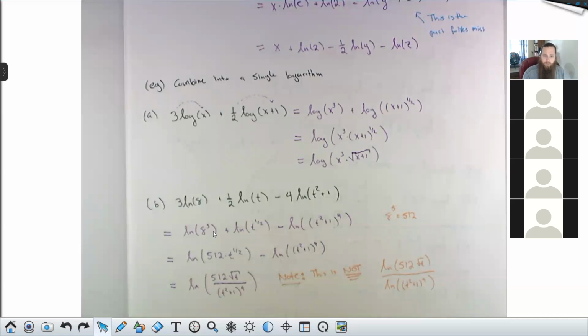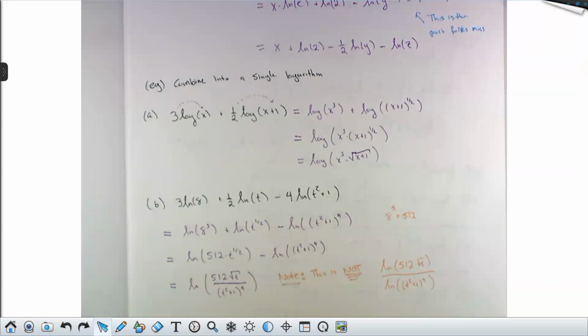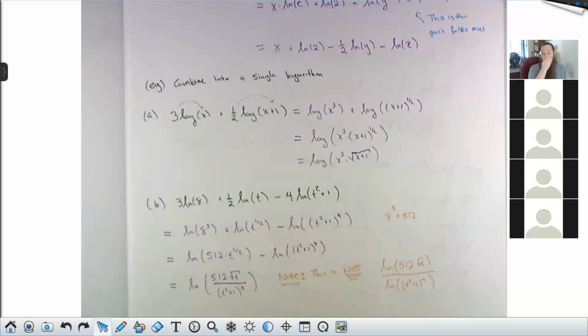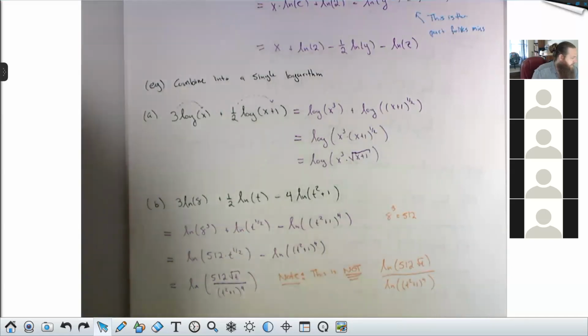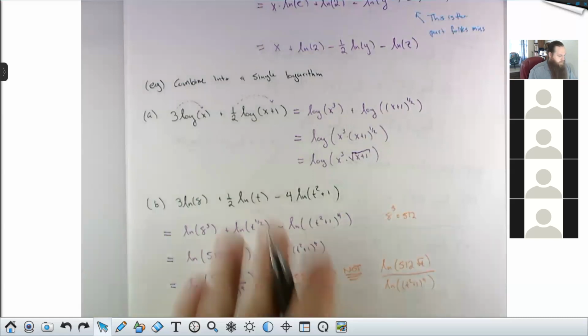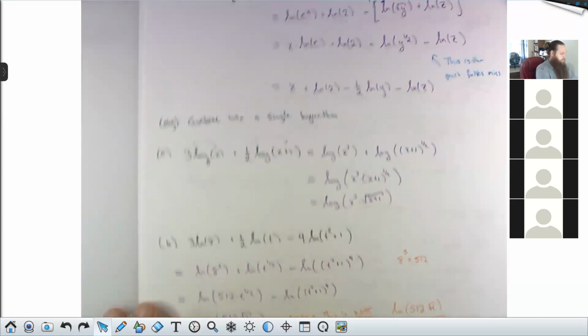Okay, anything we'd like to look at more carefully in any of these last few examples? All right, then before we can start talking about equation solving, there's one last thing I need to show you.